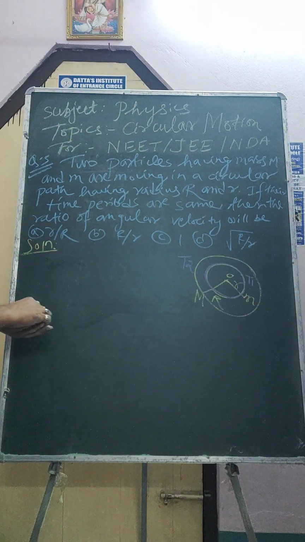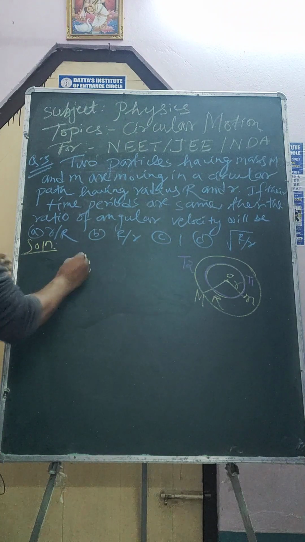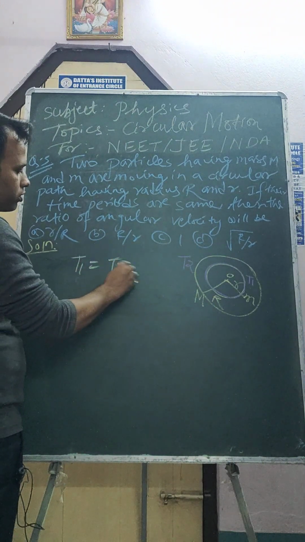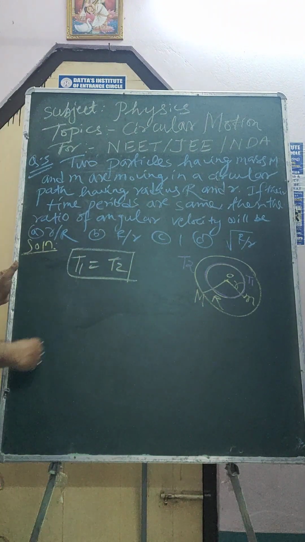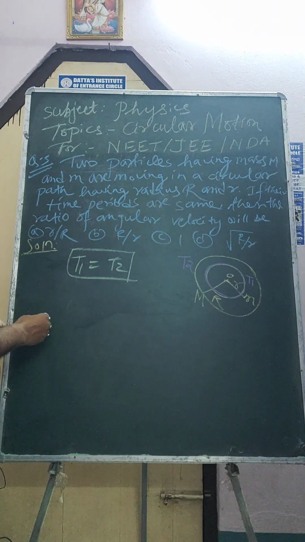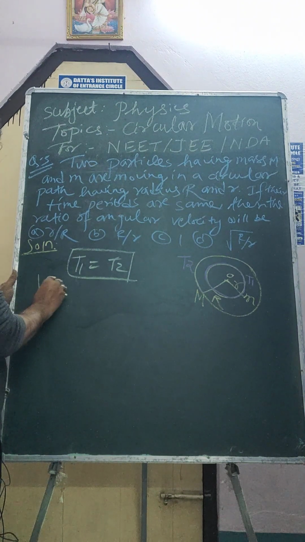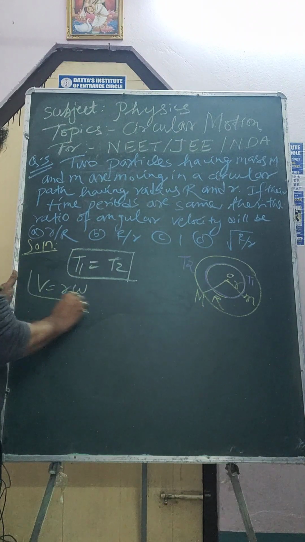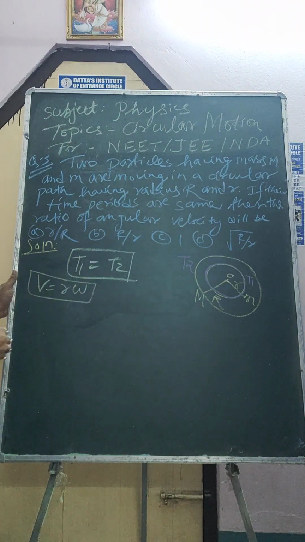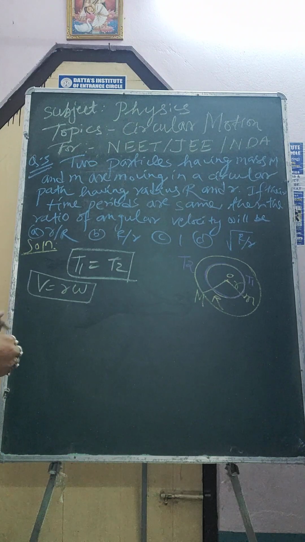So what is the formula? Here given t1 equal to t2. Linear velocity is v equal to r omega. Then we have to find the ratio of the angular velocity.